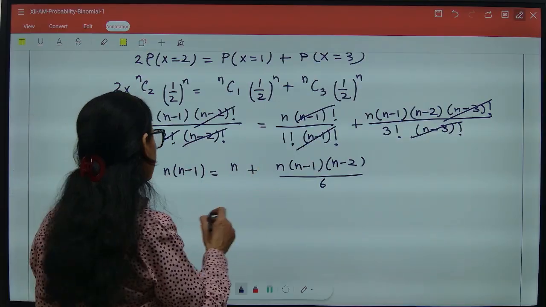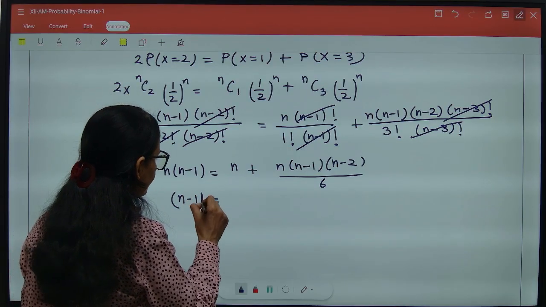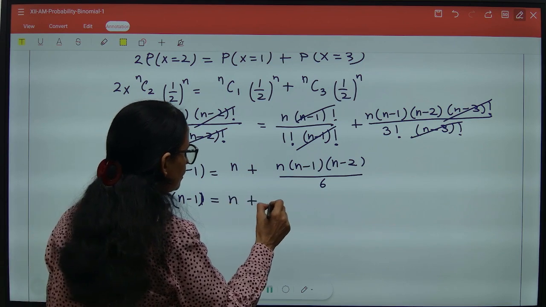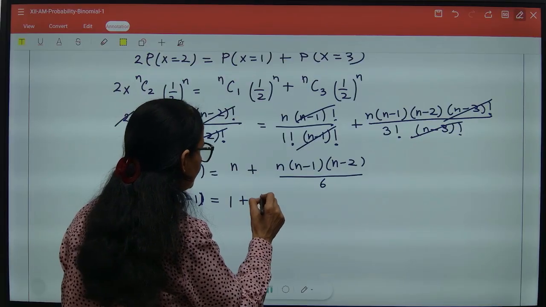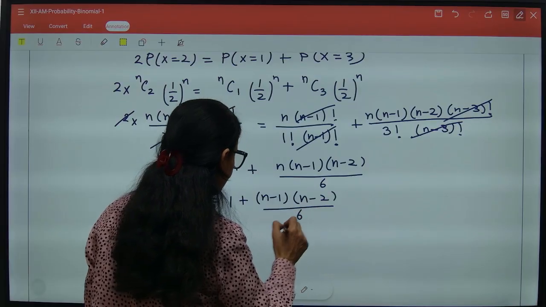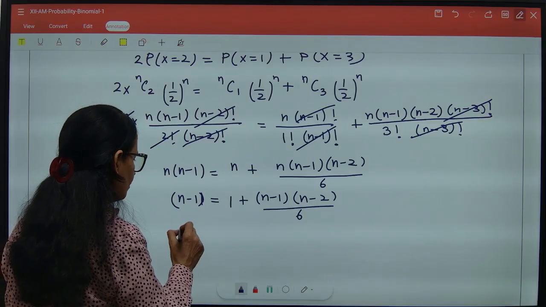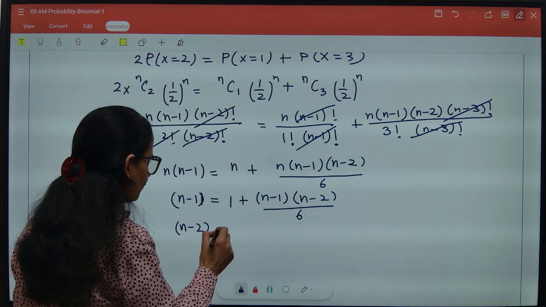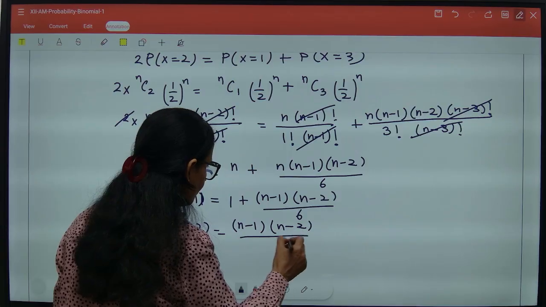So if we divide the entire equation by n, we get n minus 1 equals 1 plus n minus 1 into n minus 2 upon 6. So let's bring this 1 to the other side. So it becomes n minus 2 equals n minus 1 into n minus 2 upon 6.